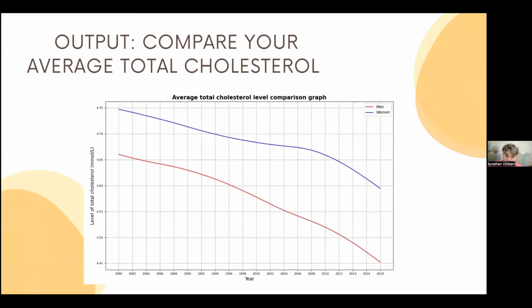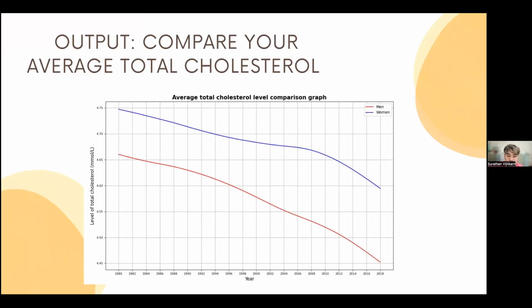And next, this graph, as you can see, shows the average cholesterol level comparison in 1980 to 2018. As you can see from the slide, the graph decreased every year between 1980 and 2018.